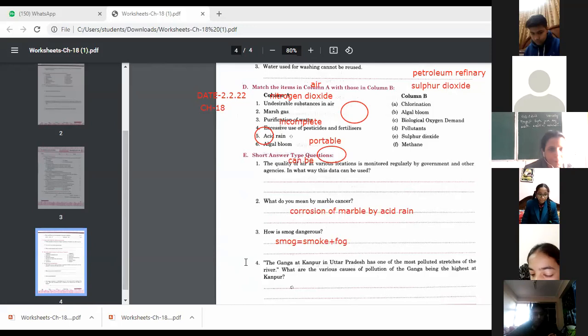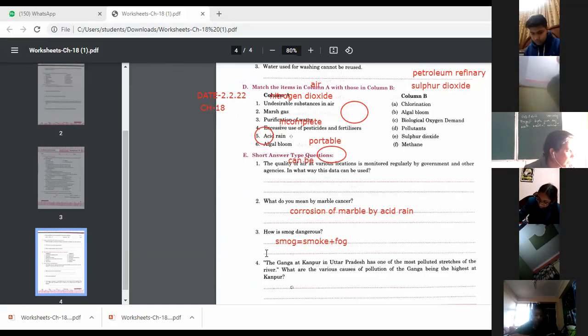What can be another reason for it? Having any idea? It has harmful pollutants. Okay. It contains harmful pollutants and reduces the visibility. Kindly write down: fog plus smoke reduces the visibility. And just like that, it contains many harmful gases.